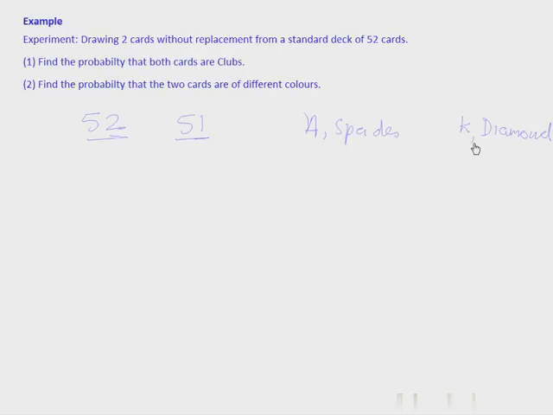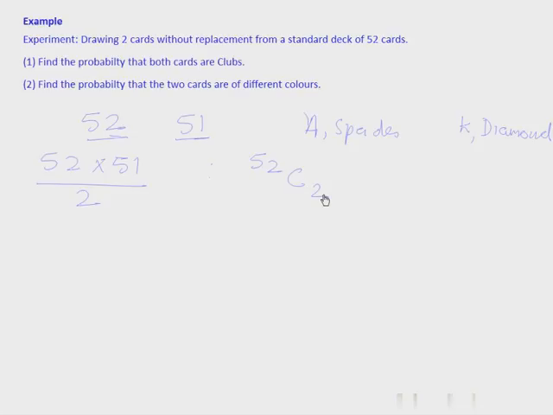So the order in which the two cards came out does not matter. So we need to correct this 52 times 51 because we're overcounting each outcome twice. So we divide by 2. So the total number of outcomes is actually 52C2 or 52 choose 2. Choosing two cards from 52 cards.